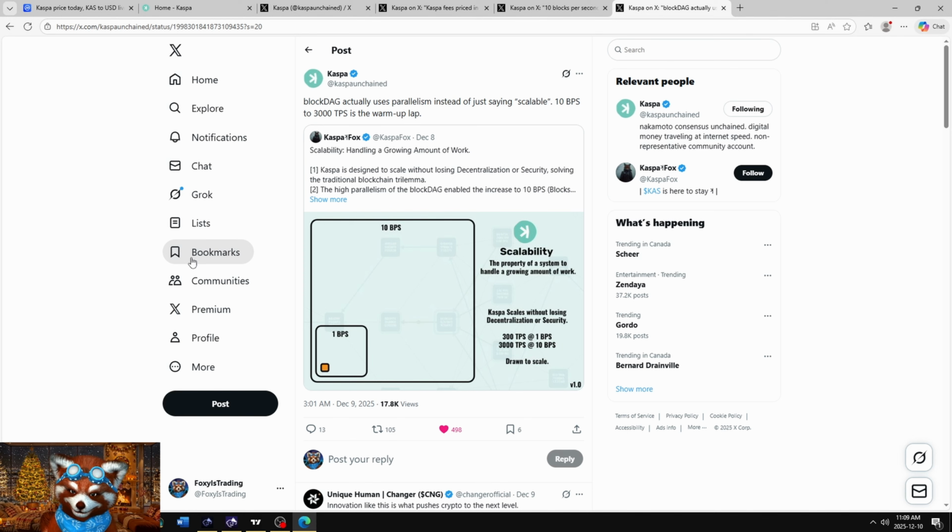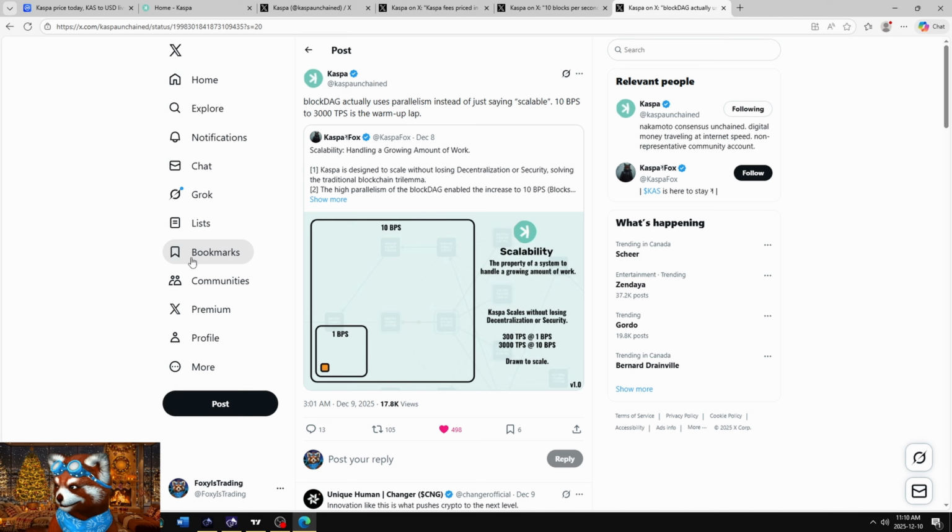Kaspa, what they are saying is that they are not just scalable. They are proving it with that real parallel processing, right? That parallelism, very tongue twister word to say. So Kaspa's BlockDAG allows many blocks to be created and also confirmed at the same time.